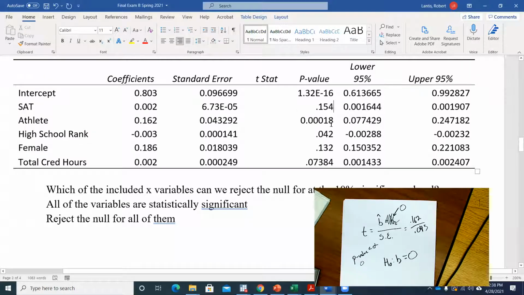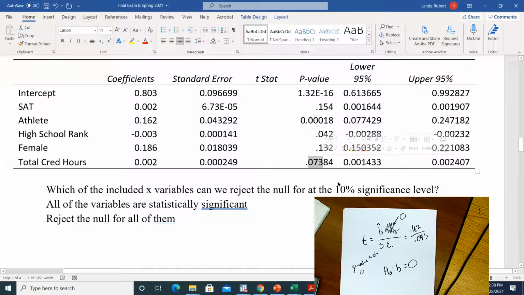If I had something like this, now the only variables that I can reject the null for, or say there's a statistically significant relationship with the y variable, well, I can't say it for SAT score anymore. I can't say it for female. Only athlete, high school rank, and total credit hours would have a p-value less than 0.1. So I could only reject the null for those 3.